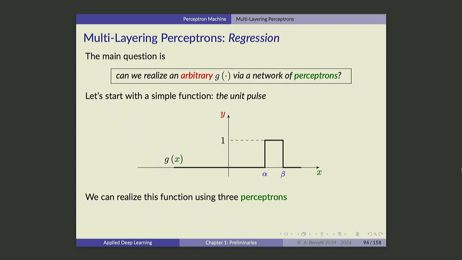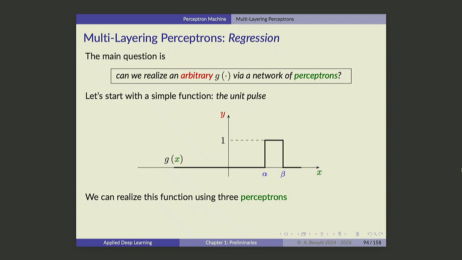Let's first think about the perceptron here. How many inputs do I have? How many parameters do I have? What is the dimension of x in this diagram? Come on, please. It's 1, right? X in this diagram is 1.